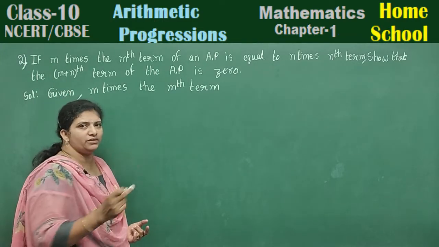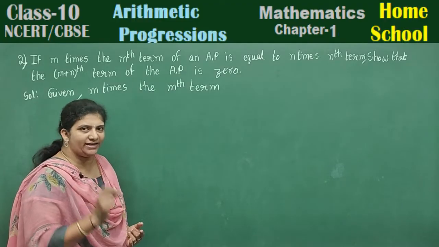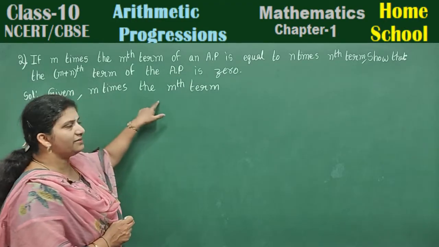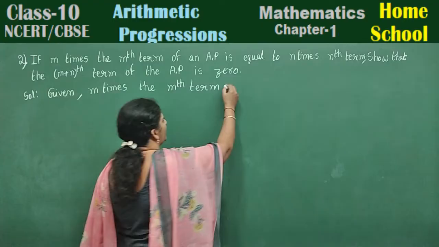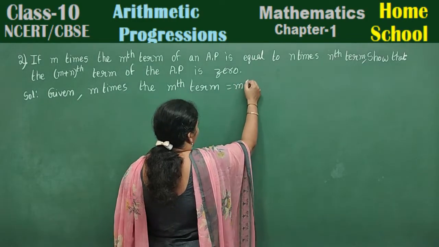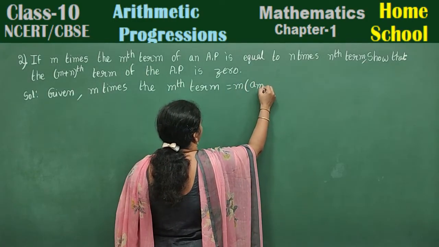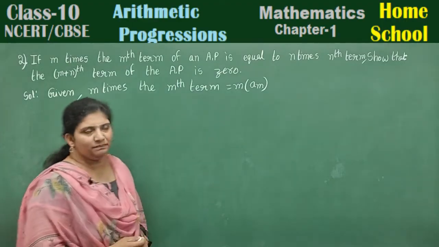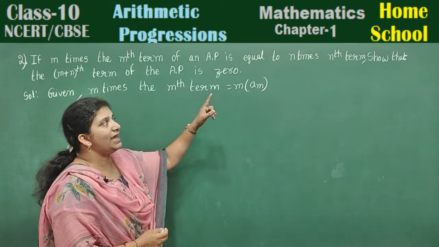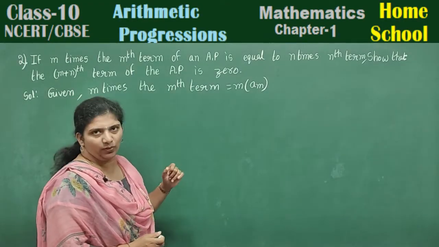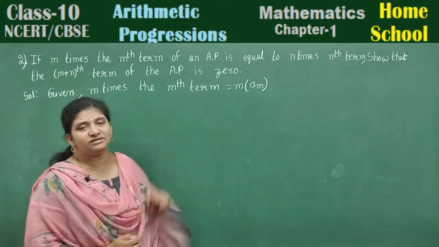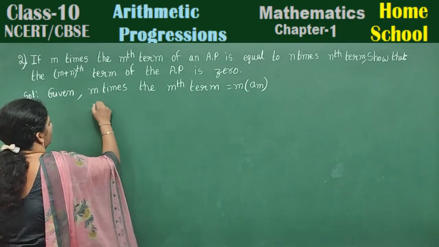Similarly, the mth term means am. M times the mth term, how can I write this? I write it as m times am, is equal to, later we equate, n times the nth term.